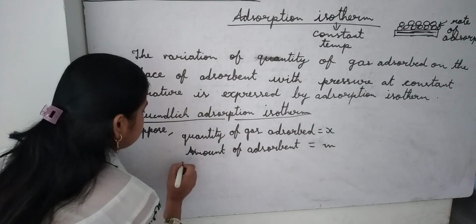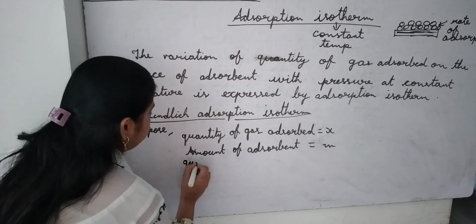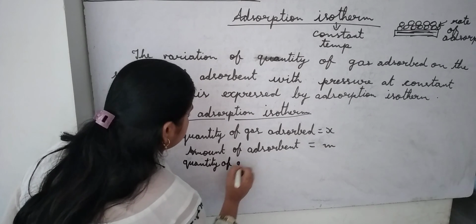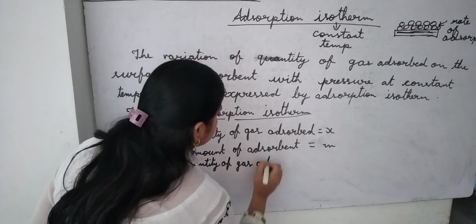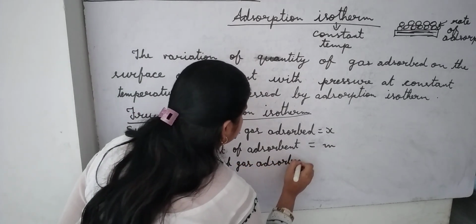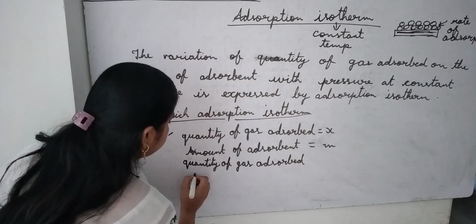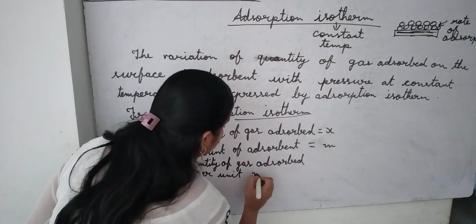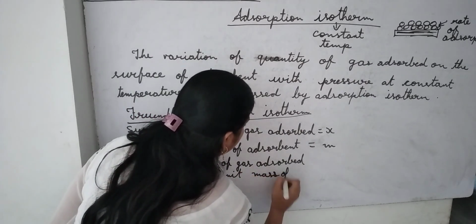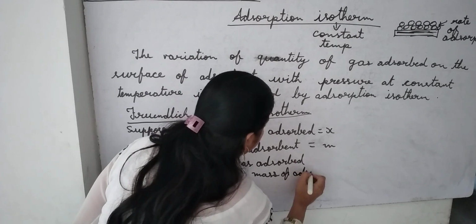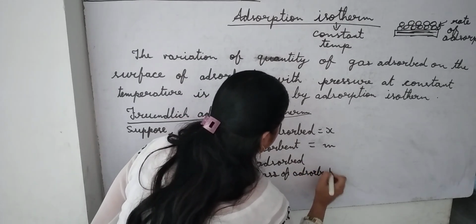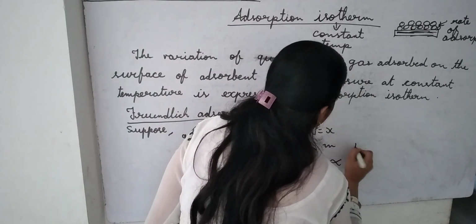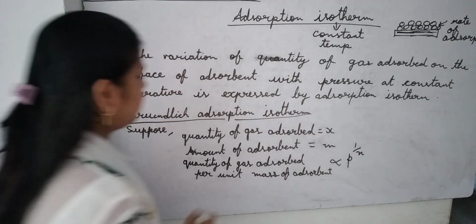Quantity of gas adsorbed per unit mass of adsorbent is directly proportional to the pressure, which has power 1 by n.